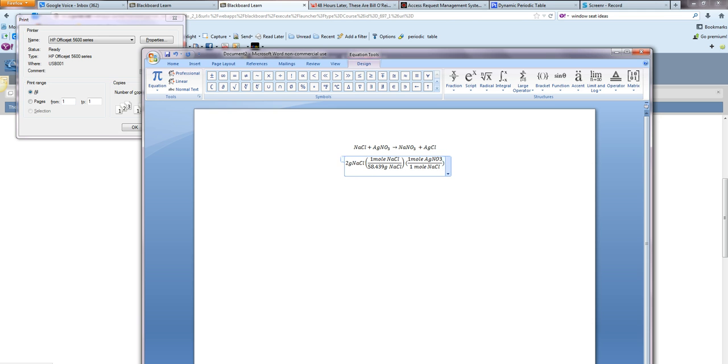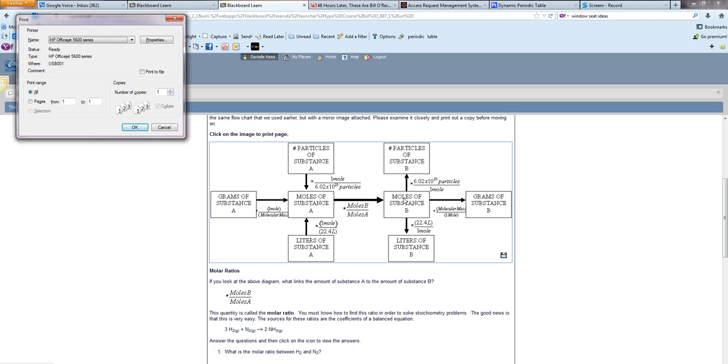Those will cross out using division, and now I've changed the equation over into the silver nitrate.